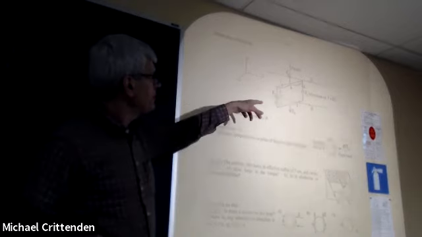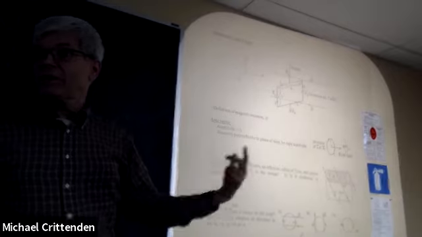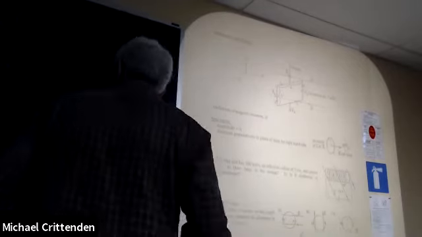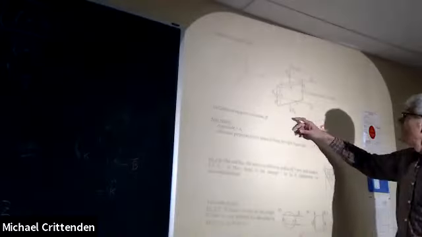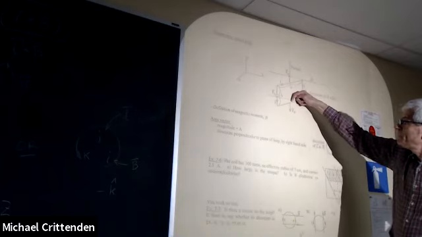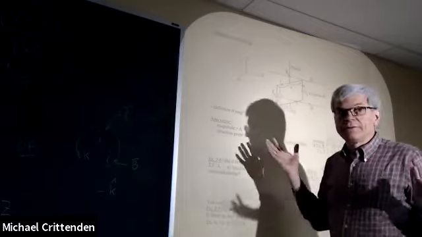Each of the four sides experiences a force equal to I times L cross B. If you do the right-hand rule, you will find that the force on the top of the loop is up and the force on the bottom of the loop is down, so they cancel each other.